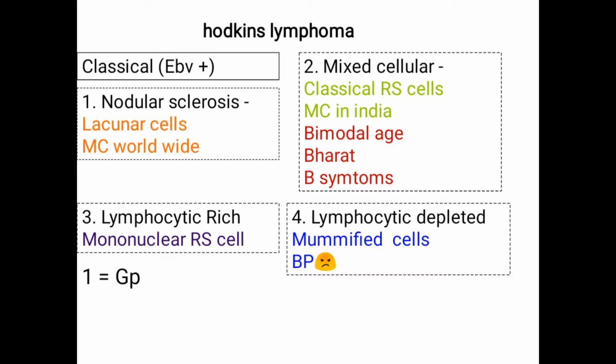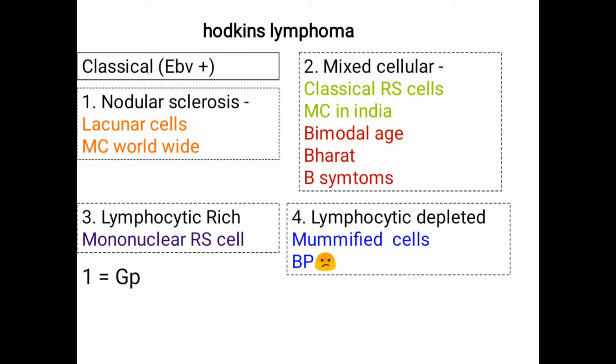Coming to lymphocytic depleted, this is depleted. So the cells which we see are mummified, like dead or depleted cells. It is easy to remember mummified, and it is seen in elders. You can remember like mummified old elders, and hence it has bad prognosis.